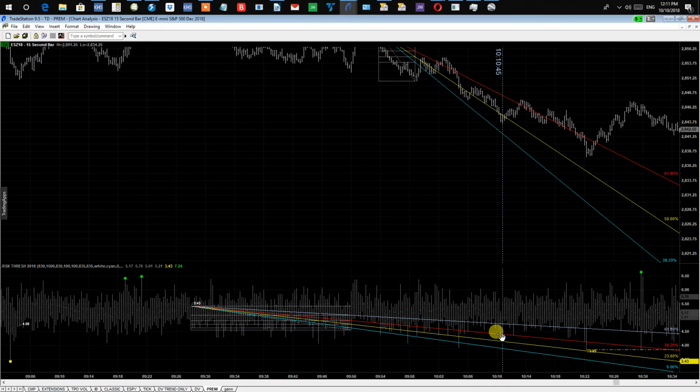We hit that low. The next set of bars is above our 61.8% level. There's divergence in here. That results in a little bit of a move up.